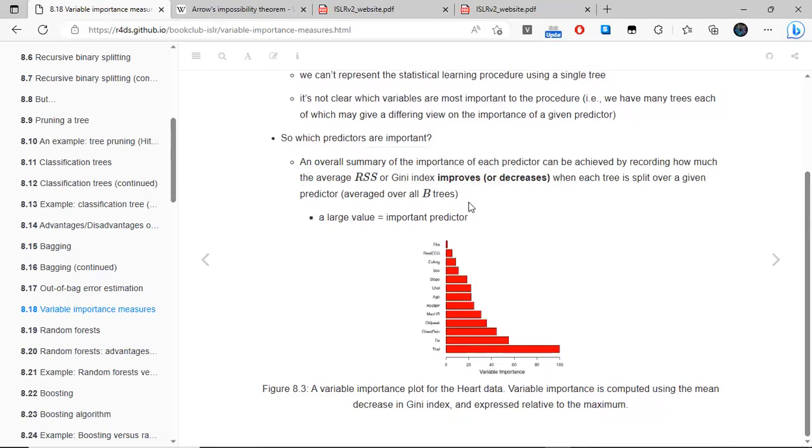But by averaging those changes out of all the trees, you can get this sort of diagram, in the sense that a larger average change in this value represents a more important predictor. And as we can see in this example, this column of Thal, I don't remember what it represented, is the most important predictor for heart disease.